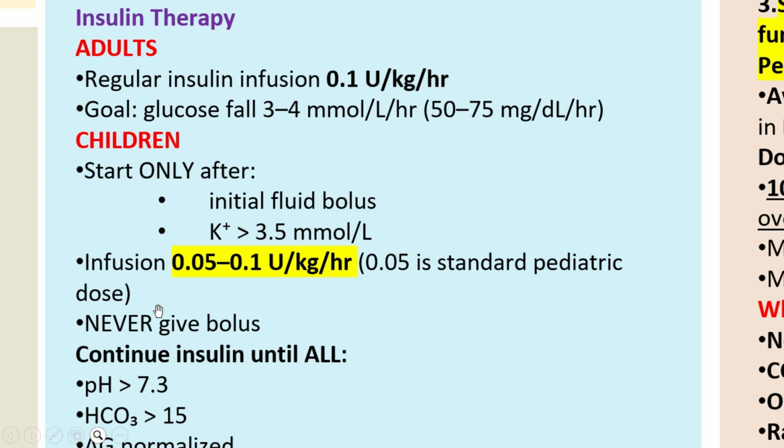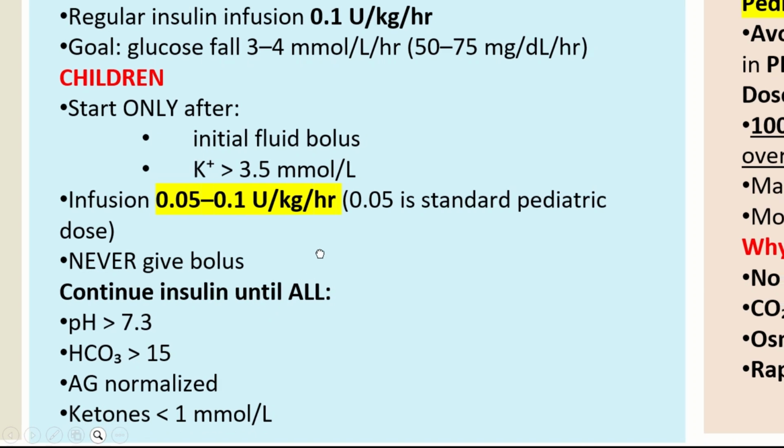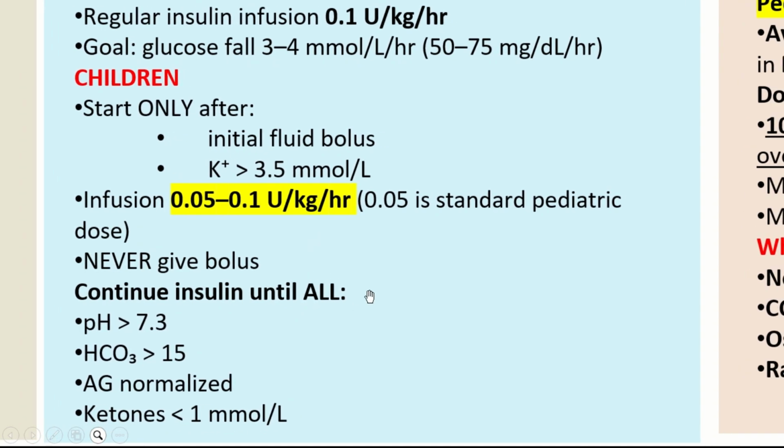Then the infusion rate in children is normally a dosage of 0.05 to 0.1, but the standard pediatric dose is going to be 0.05, and we never give a bolus of insulin in children, because in children you always want the changes to be subtle and slow. Once you drop the glucose very fast and the osmolarity of the blood changes very fast, they're going to develop cerebral edema.